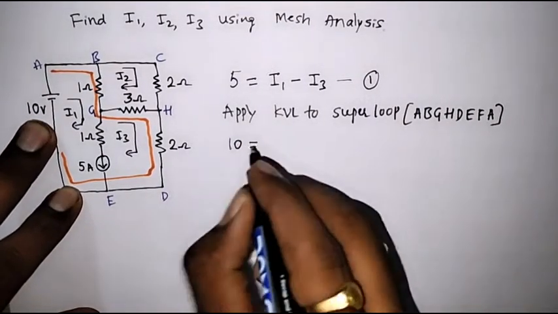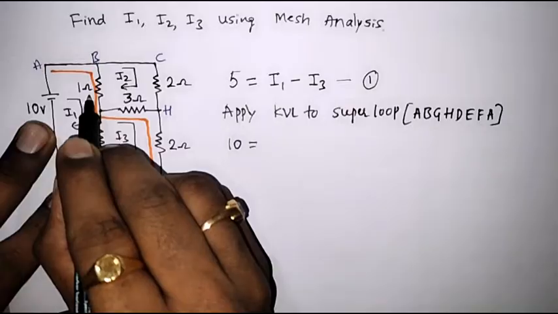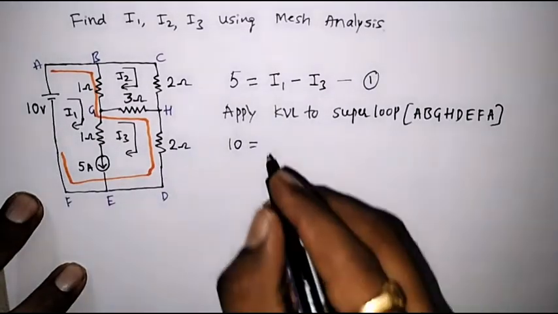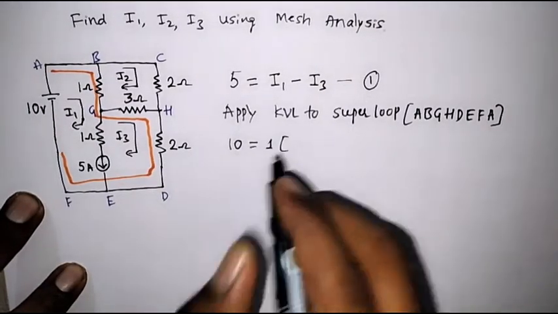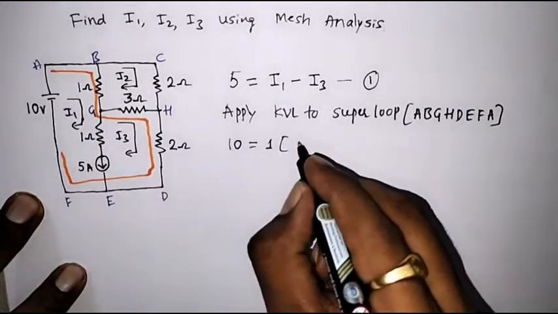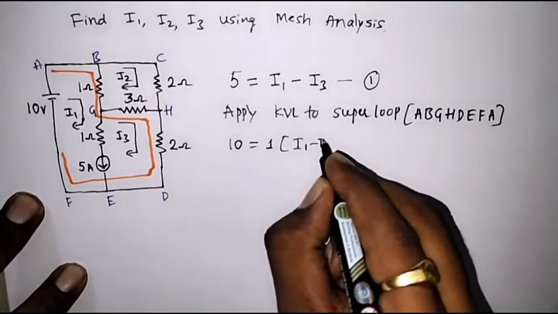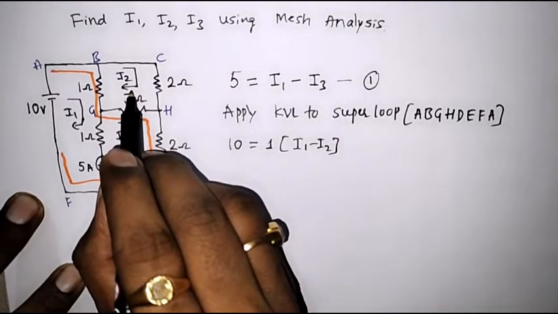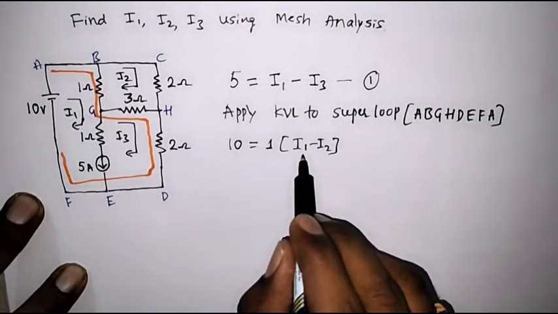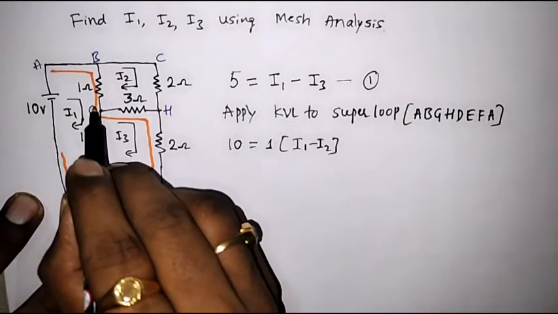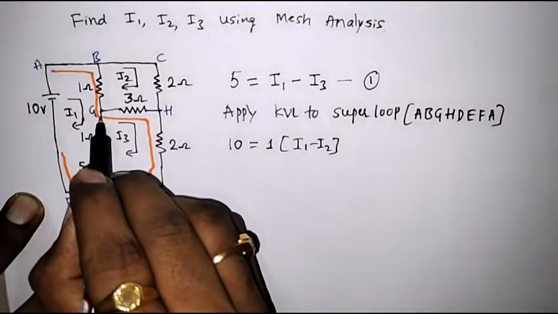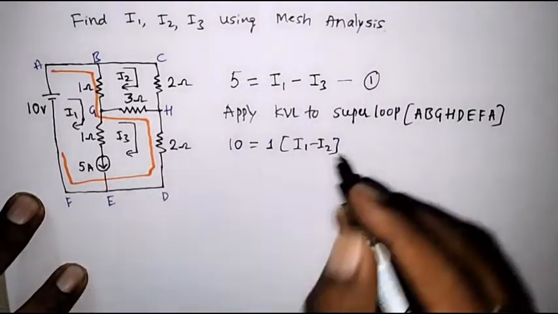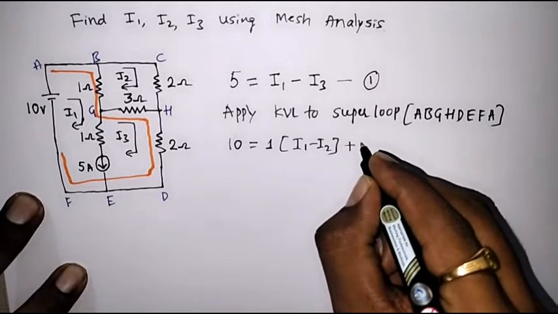10 is equal to the voltage across the 1 ohm resistor, which is 1 into I1 minus I2, because in the 1 ohm resistor both I1 and I2 are flowing, both opposite to each other, so it is I1 minus I2. Then just look at this direction, current flows in the 3 ohm resistor, that is plus 3.